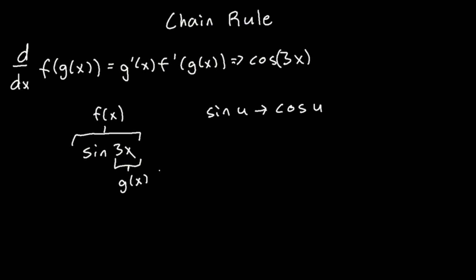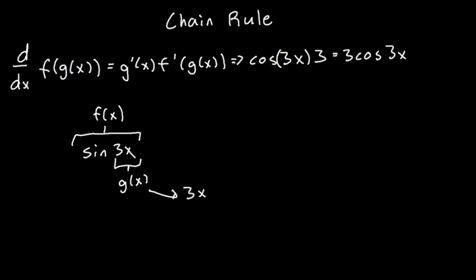So g of x is just 3x. And the derivative of 3x using power rule is just 3. Therefore, our derivative for sine 3x is 3 cosine of 3x. Now, if you just wrote down cosine of 3x, this would be wrong because of chain rule.